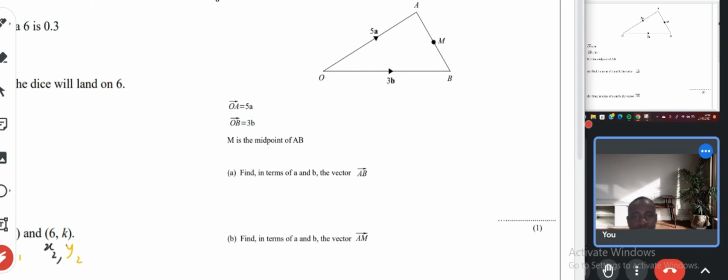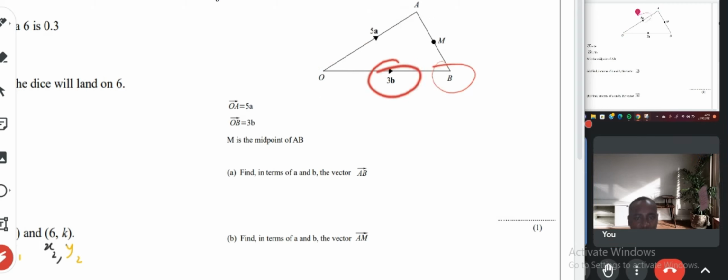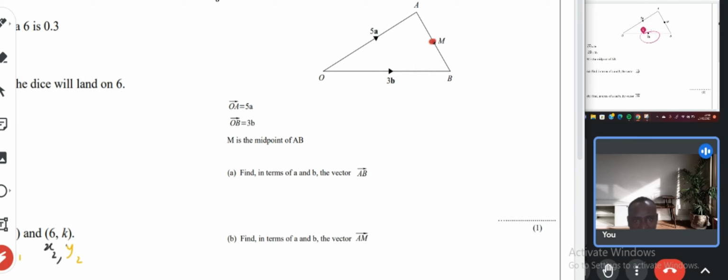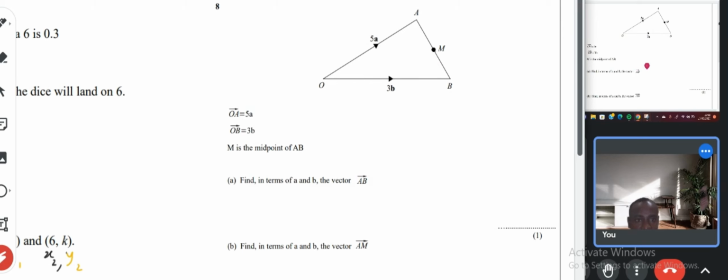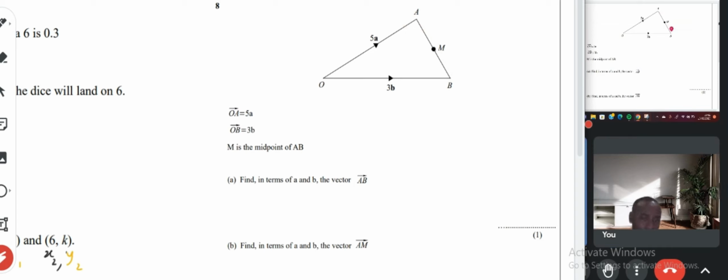So it says O to A is 5A, O to B is 3B, and M is the midpoint of AB. So find in terms of A and B the vector AB, the vector A to B, that's moving from A to B. The thing about vector is if you're moving in any direction, you follow the direction that is known.